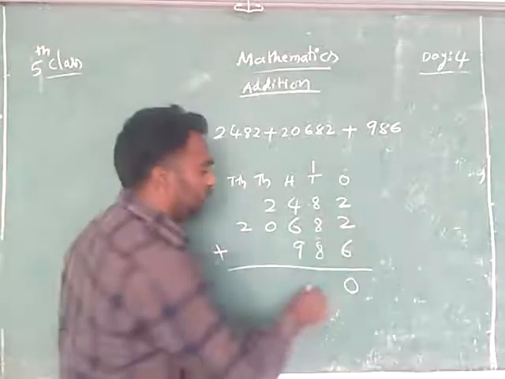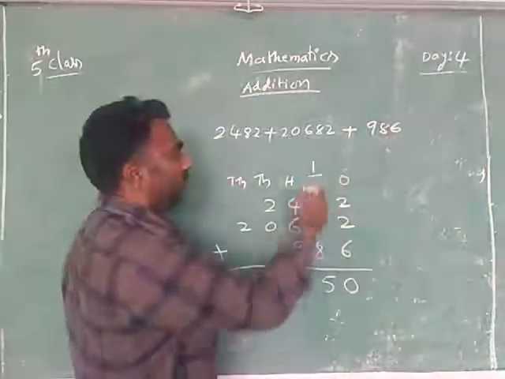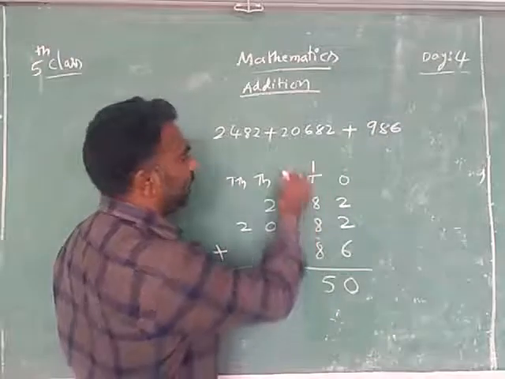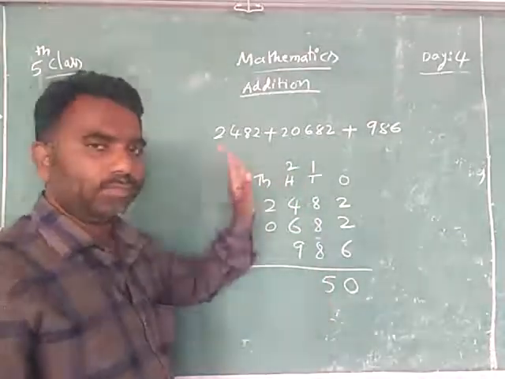In 25, what is there? 5 here and 2. 20 tens will become 200. In the hundreds line, it is 2. 25 is 2 here, 5 here.